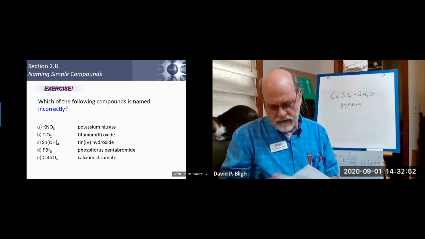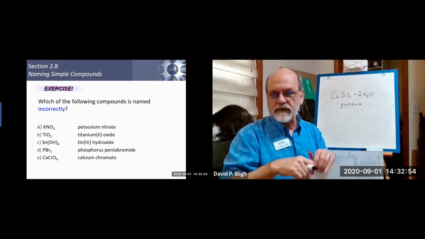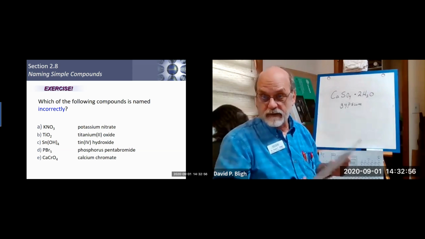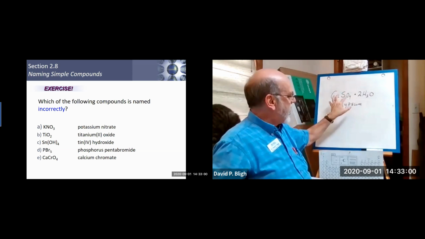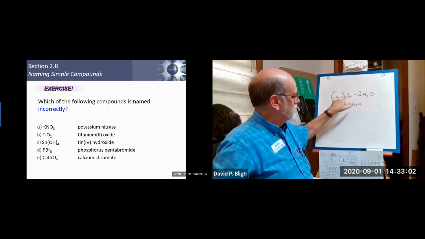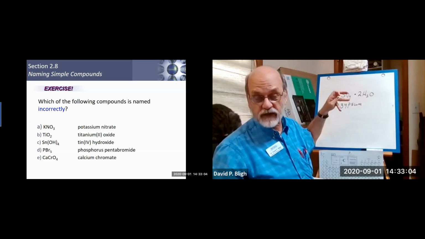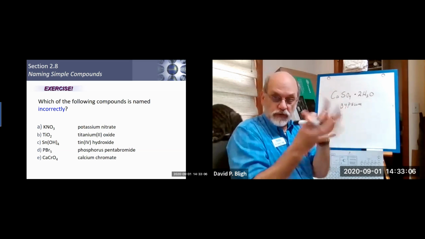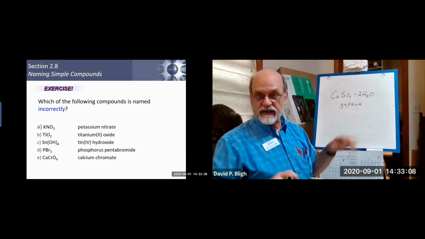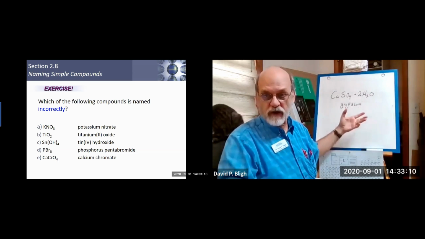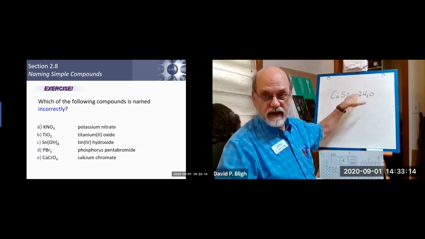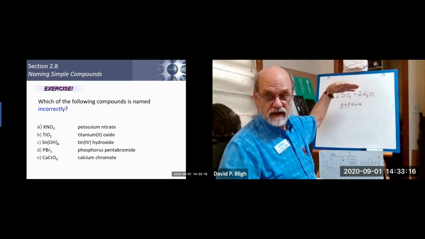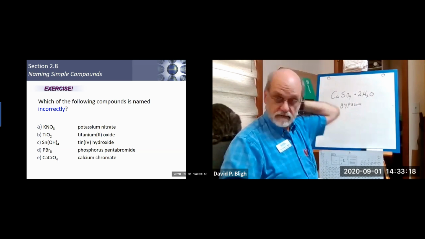So everybody knows about gypsum board, stuff that your walls are made out of. That's what it is right there. And it's made by adding 2 water molecules attached to the calcium sulfate in the crystal structure. And this is how we denote 2 waters with calcium sulfate. We put that dot in the middle of the line, and then the number of waters.